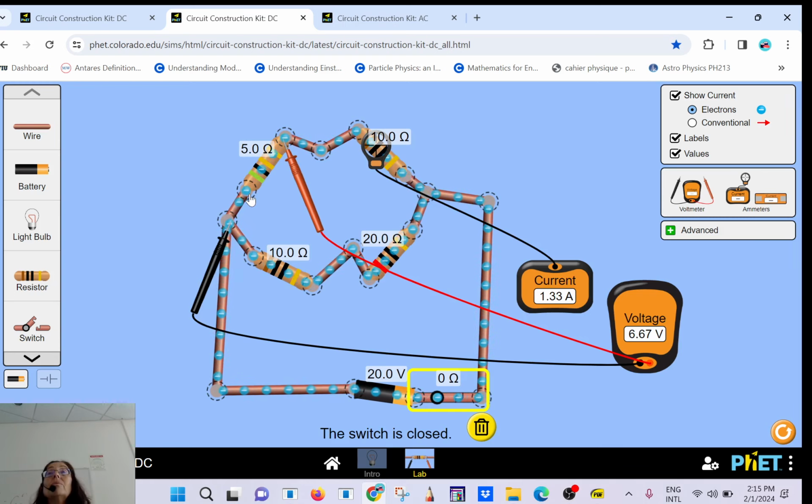So the charge of an electron is what? The charge of an electron is 1.6 times 10 to the negative 19 coulomb. How many extra electrons do I have here? 1, 2, 3, 4, 5, 6, 7, 8, 9, 10, 11, 12, 13. This one belongs to here.